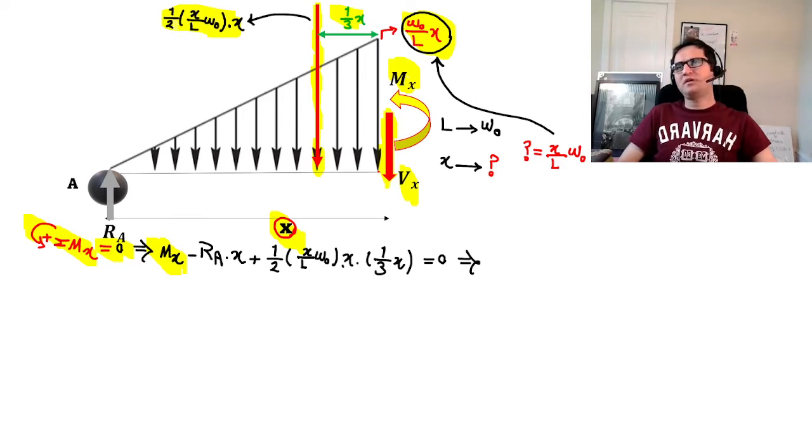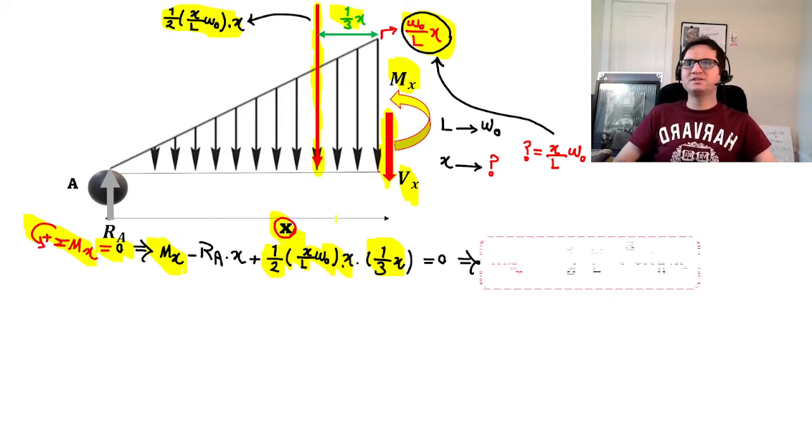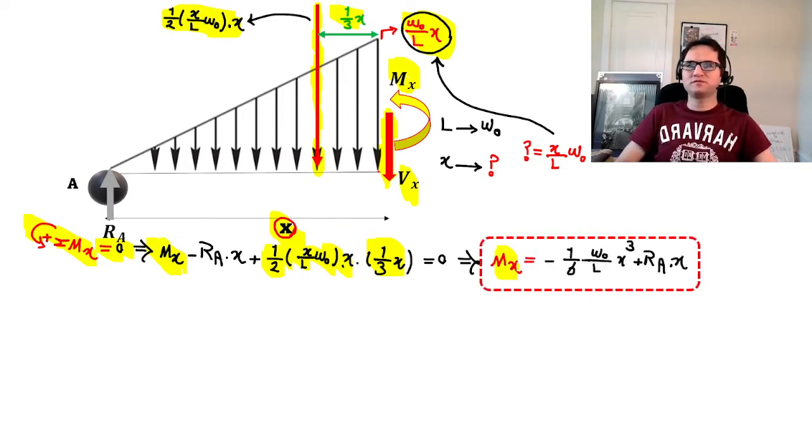When you convert it to a concentrated load, that's a half of x over L times w naught times the distance x, which gives you the concentrated force, and then times the distance. If you rearrange the equation, it gives you the equation for Mx, which is negative 1/6 w naught over L x cubed plus Ra times x.